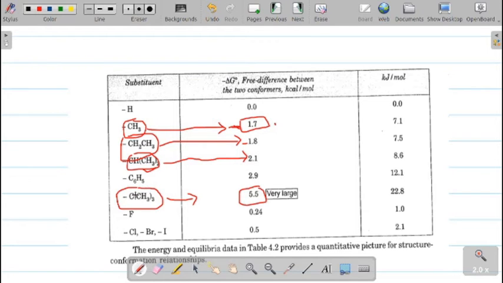And in the case of the tert butyl group, when we introduce it as a substituent in the cyclohexane, there will be a more negative value of delta G naught, that is, the change of the axial conformer into the equatorial conformer will be more spontaneous for the tert butyl group.